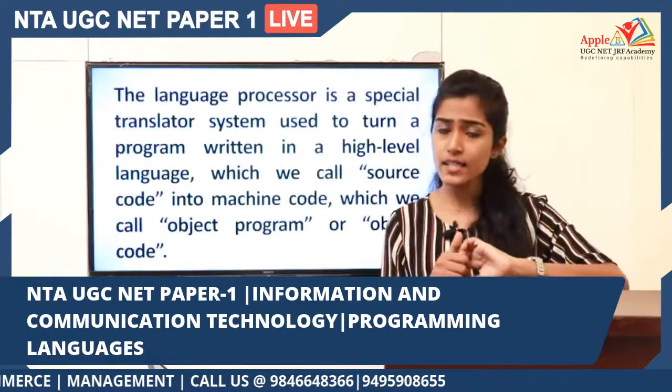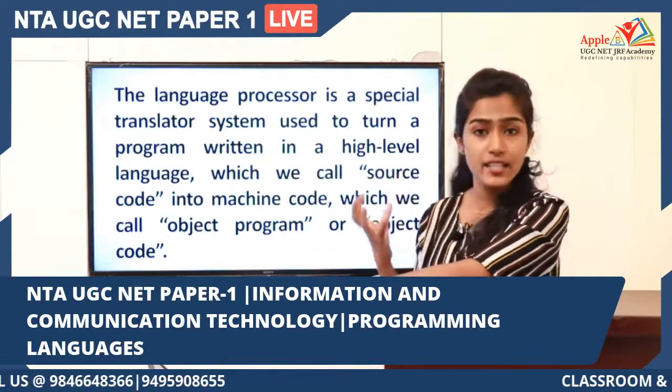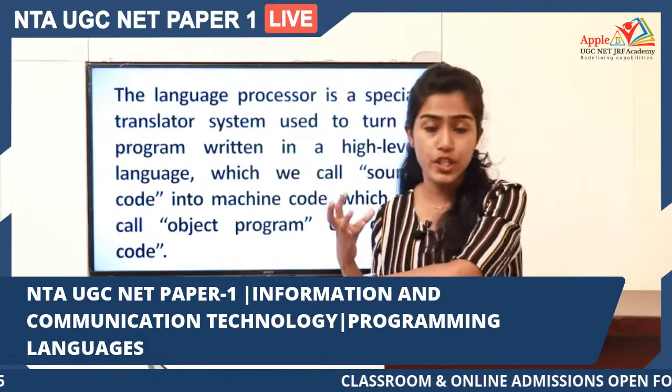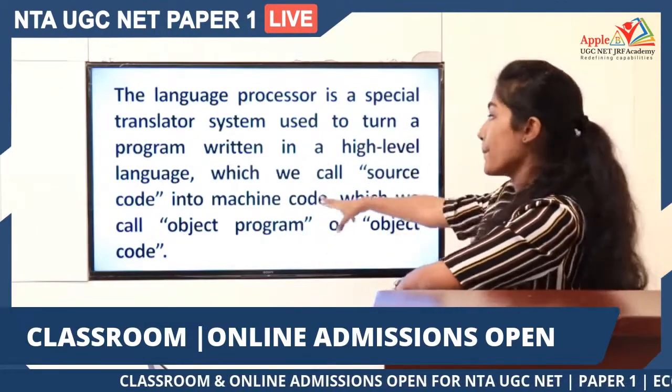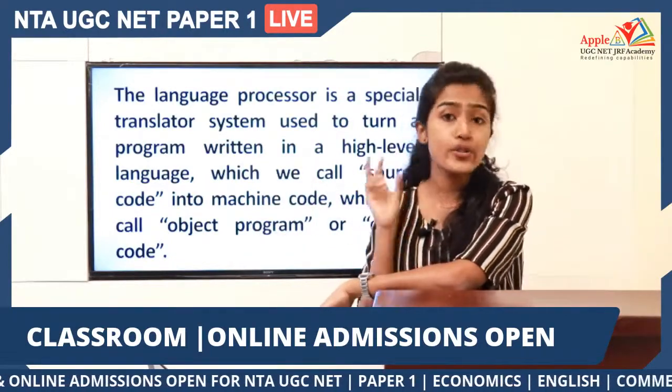So what is a language processor? A language processor is a special translator system. These are basically translator systems that are used to translate high-level languages into machine code. These high-level languages can be called source code.